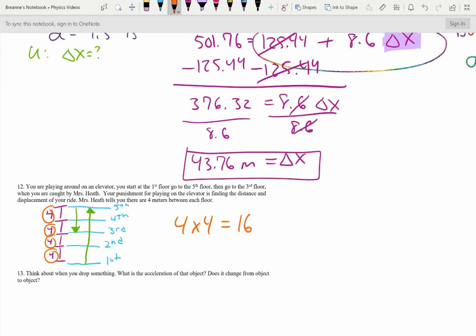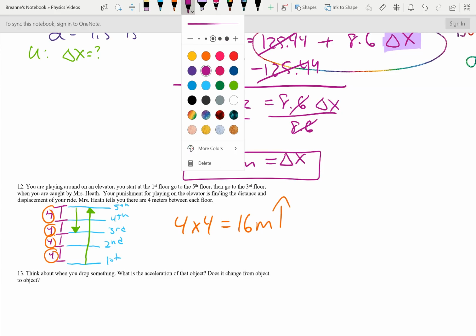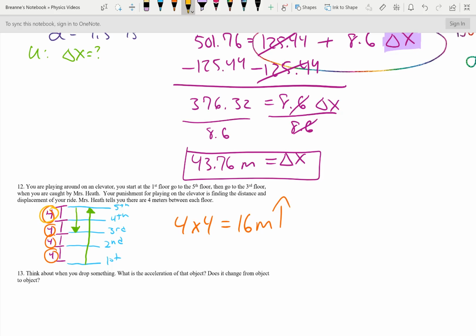So you went up a total of 16 meters. So now you're going down. How many floors did you go down? 1, 2. So you're going to do 2 times 4. So you went down a total of 8 meters.